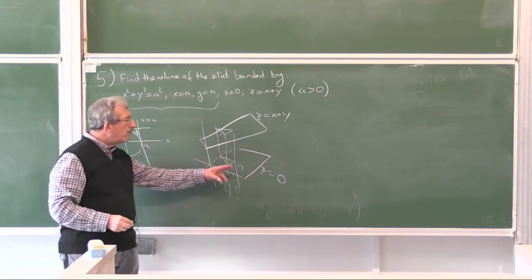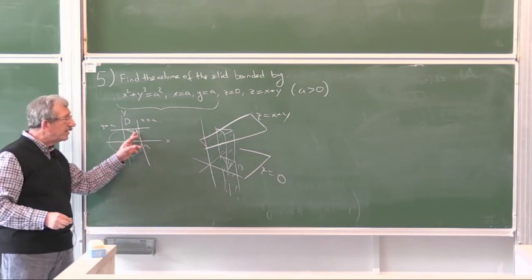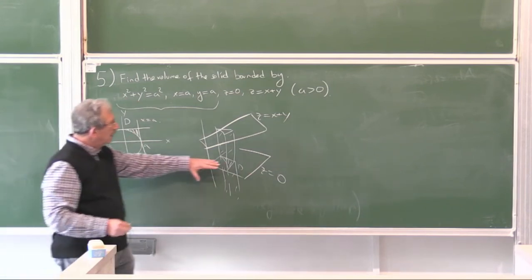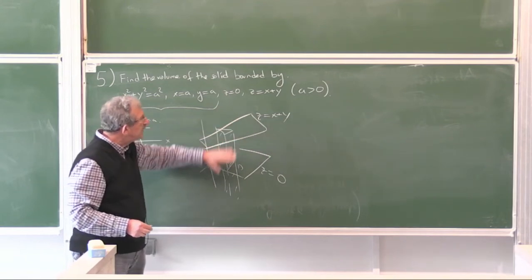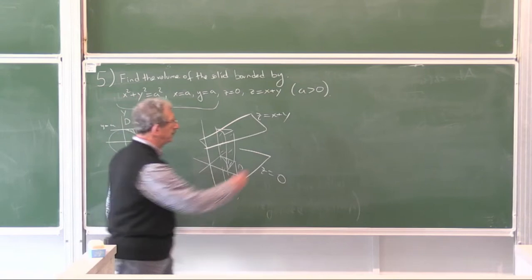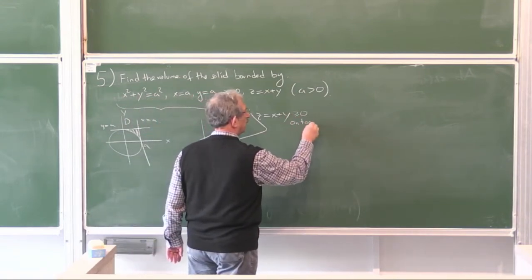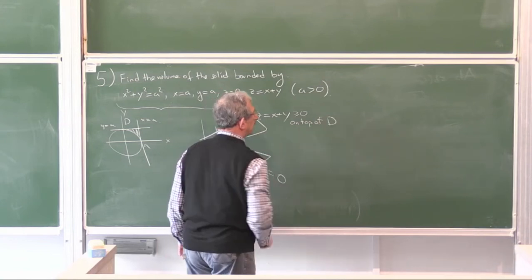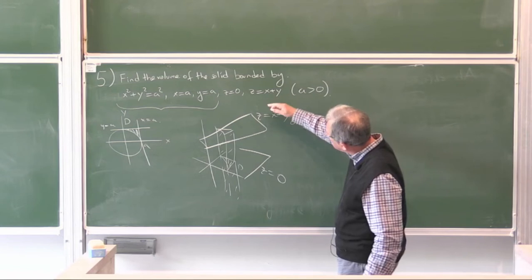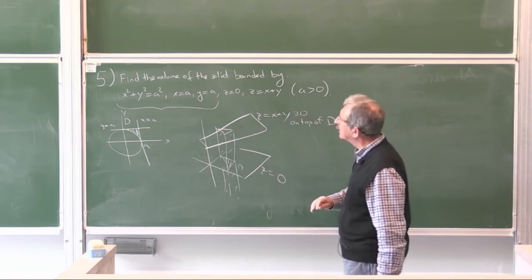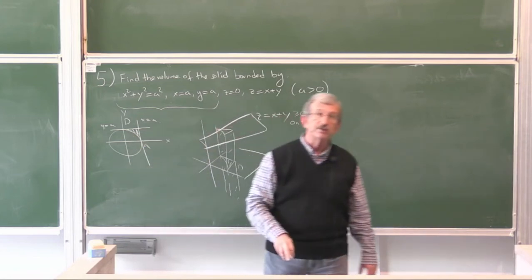Well, on top of z is 0 and on top of this triangular shape, x plus y is always positive. So this plane is higher than this one. This is positive on top of D. In other words, this is bigger than this. So this is the upper surface, this is the lower surface. And when we look from the top, of course, this D is what we see.